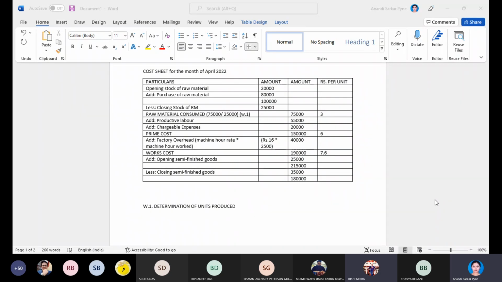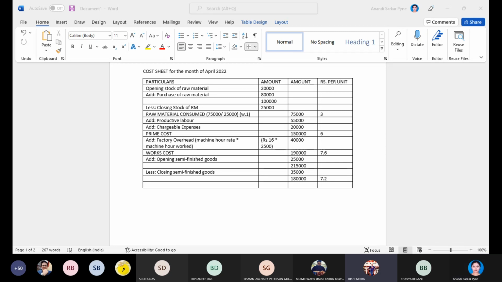Because you're selling this after calculation of general overhead. So this will be 7.2. After closing stock, you are adding the general overhead.